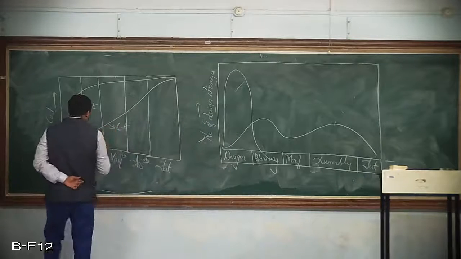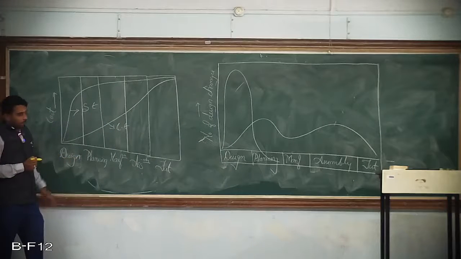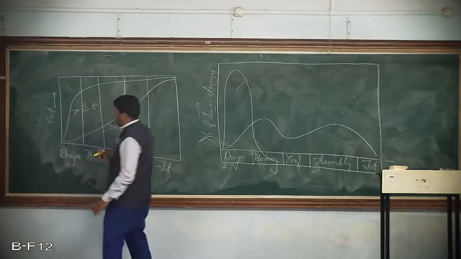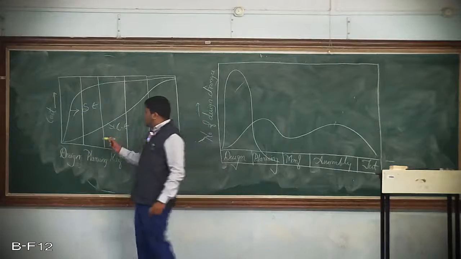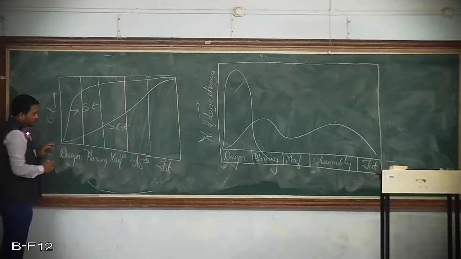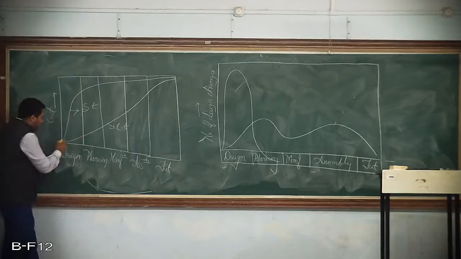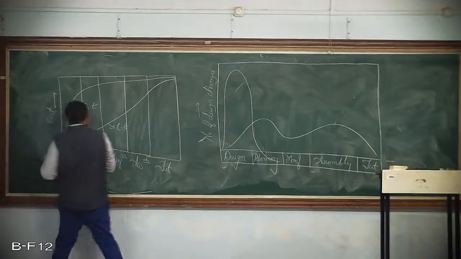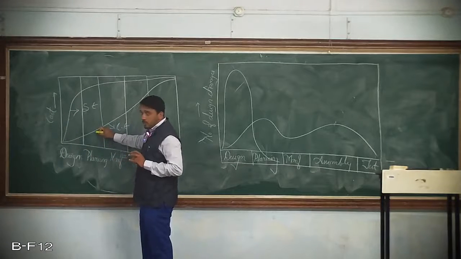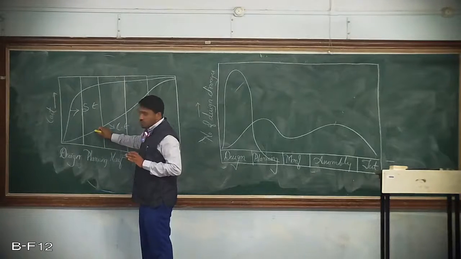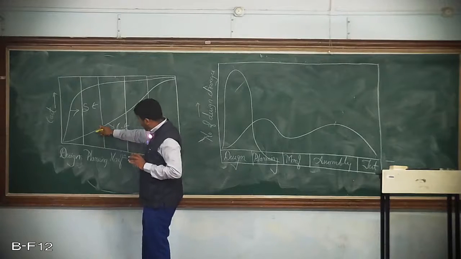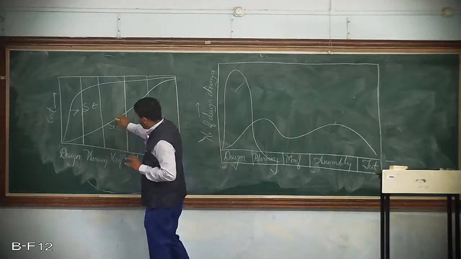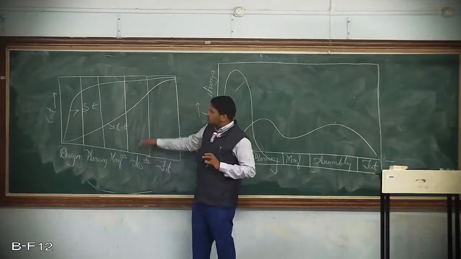Now if you look at concurrent engineering, the cost associated is always less compared to sequential engineering, because the design modifications are less. As the design modifications are less, the number of times the process plan changes is also less, and the number of rejections, reworks or scrap is also less, and the number of changes in assembly is also less.